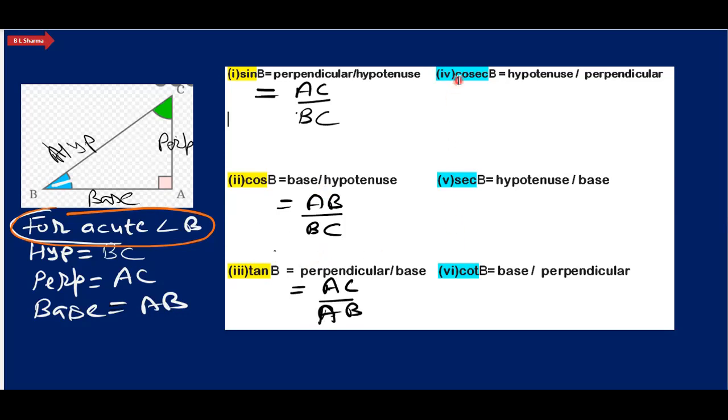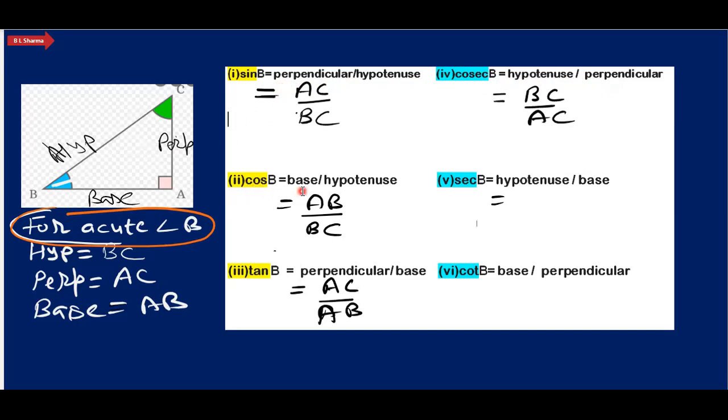Now see, cosec is the reciprocal of sine. Sine B is perpendicular upon hypotenuse, and cosec will be hypotenuse upon perpendicular, that is BC upon AC. Sec is the reciprocal of cos.